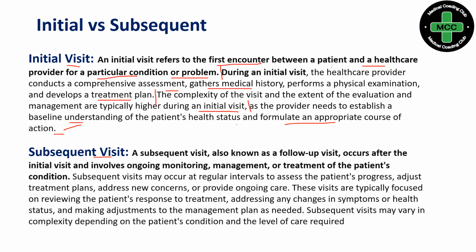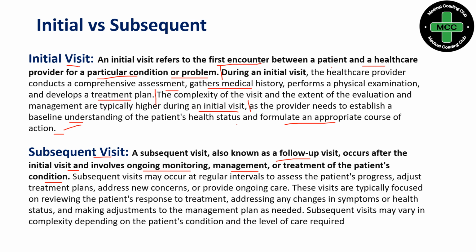Next, subsequent visit. The subsequent visit, also known as a follow-up visit, occurs after an initial visit and involves ongoing monitoring and management or treatment of the patient's condition. So if today the patient is getting admitted, it will be considered initial, and the next day of the admission will be considered subsequent.